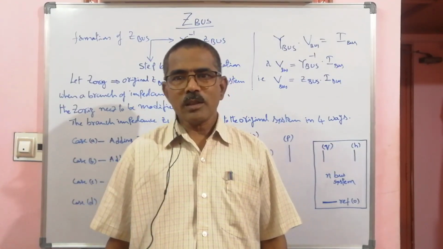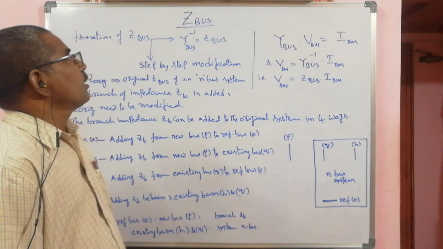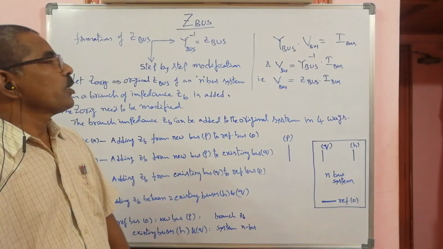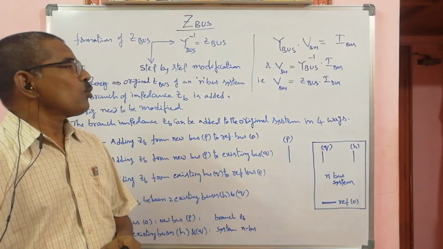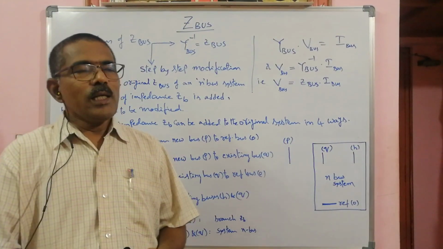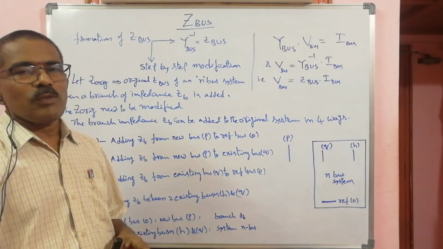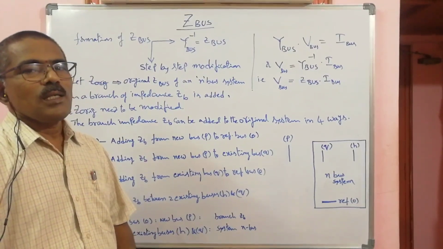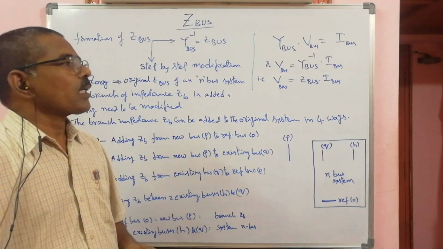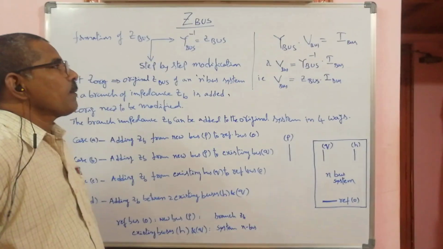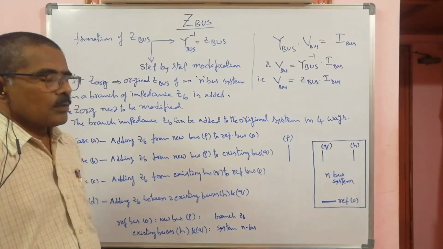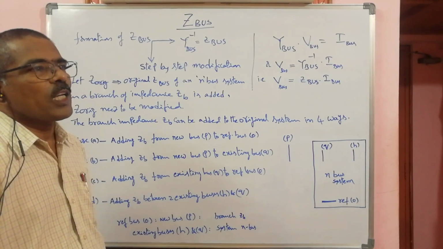Very good morning, students. Today, let us start the new topic of the same unit, Z-bus formation. So far, what we did is forming Y-bus with various methods, particularly direct inspection method, step-by-step method, and singular and non-singular transformations.